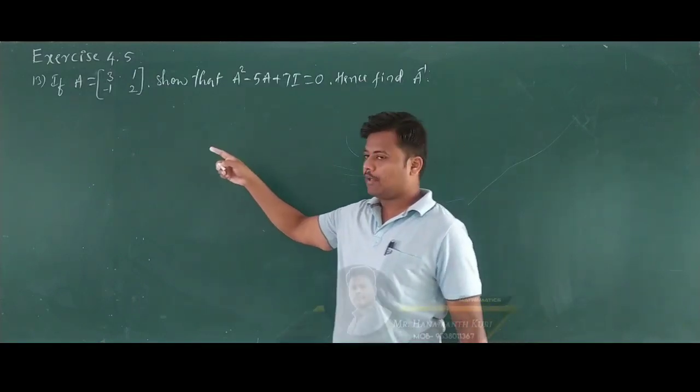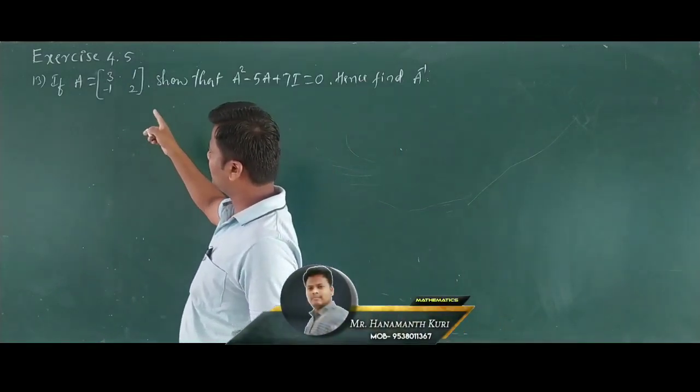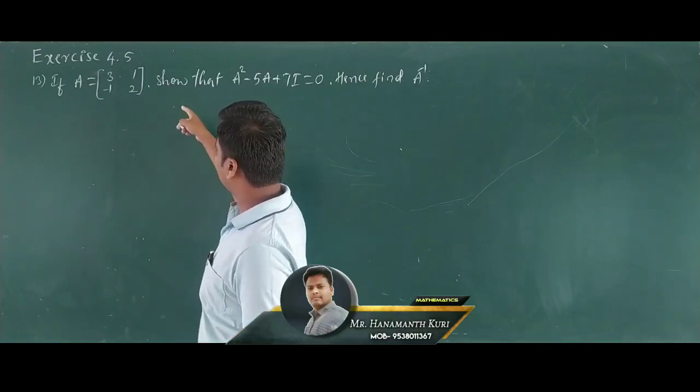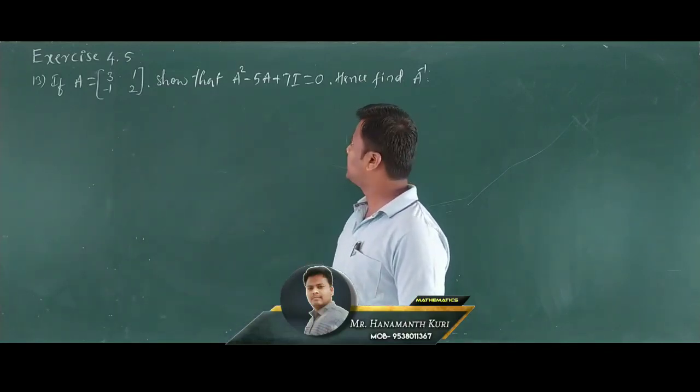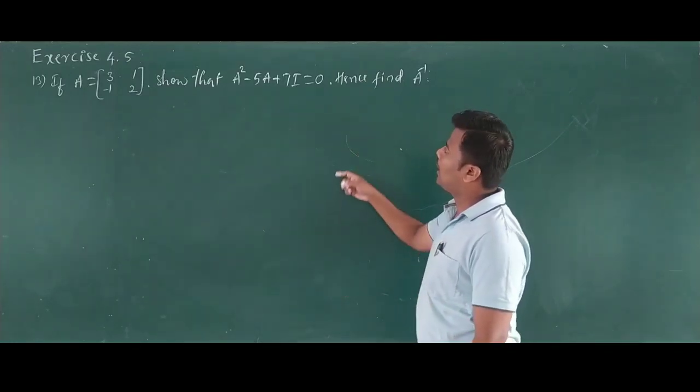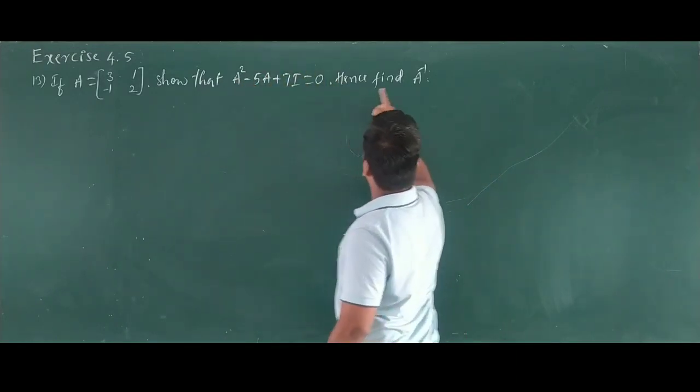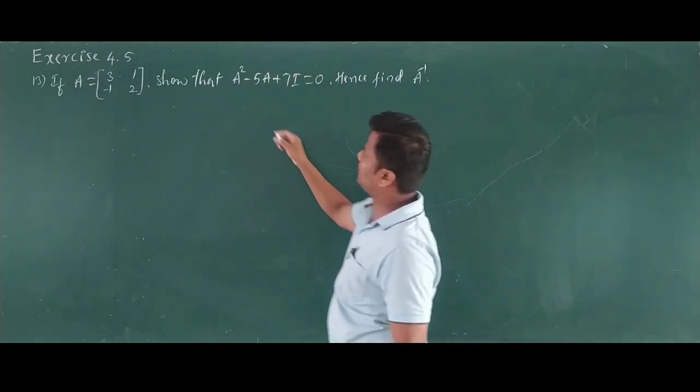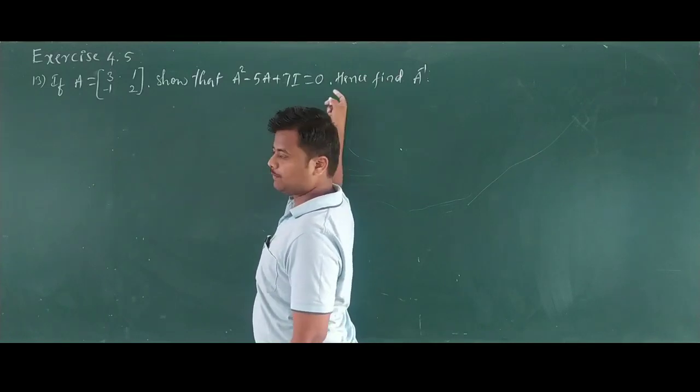Next question. If A equals matrix 3, 1, minus 1, 2, show that A square minus 5A plus 7I equals 0, and using this equation find A inverse. So first we have to prove this equation.